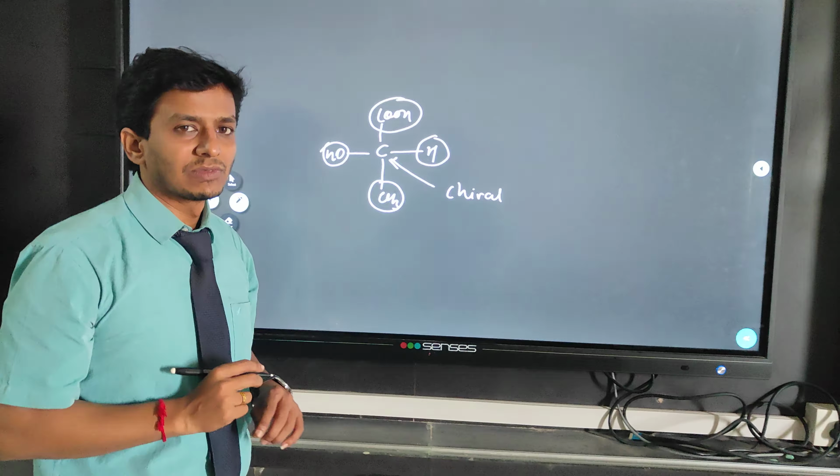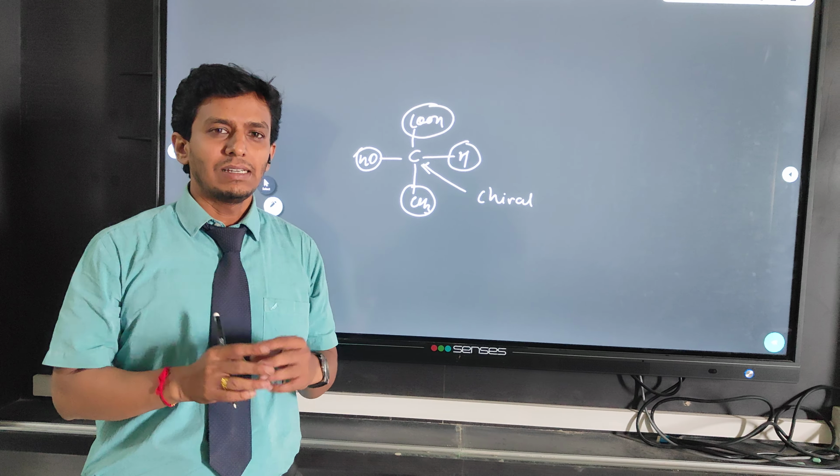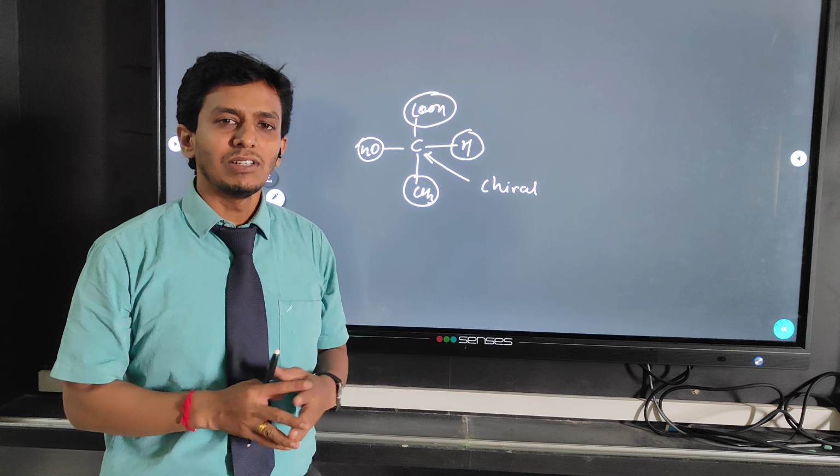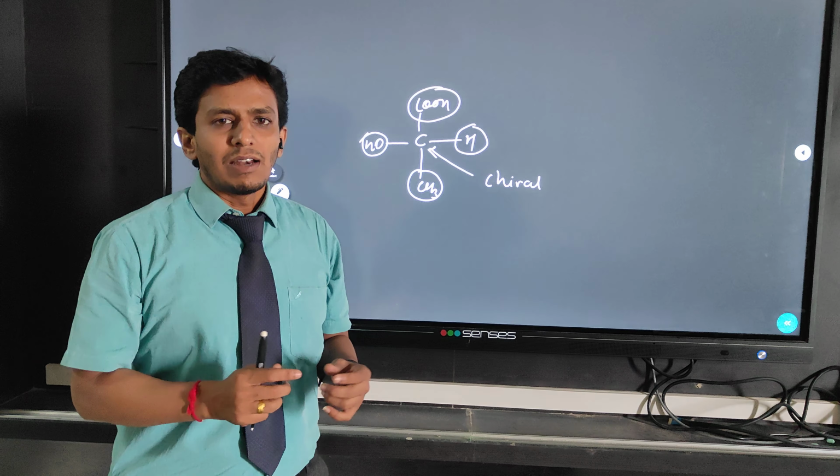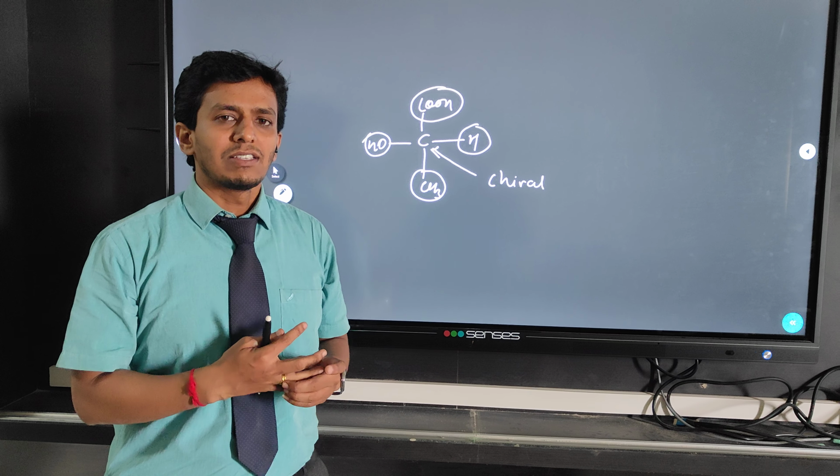Likewise, in chemistry or in drug molecules, there are chiral carbons that give a special kind of feature to a molecule.